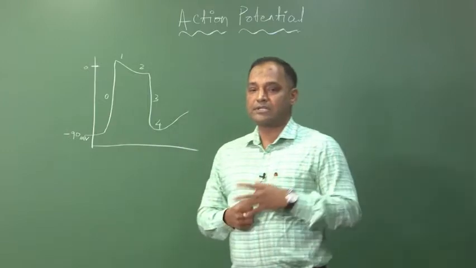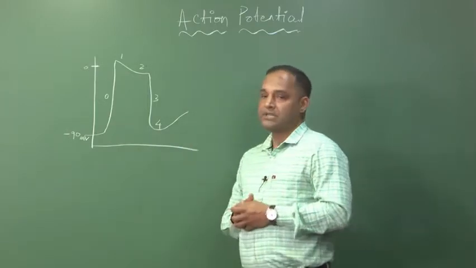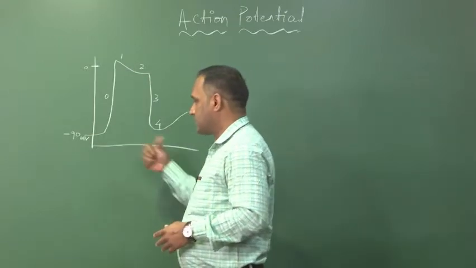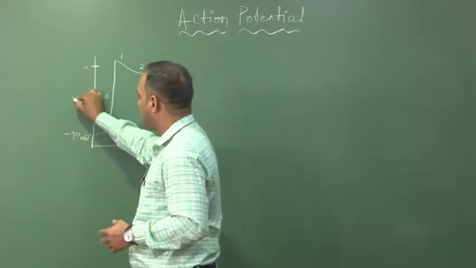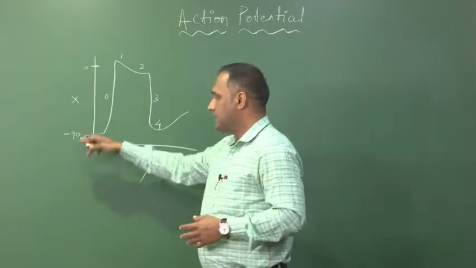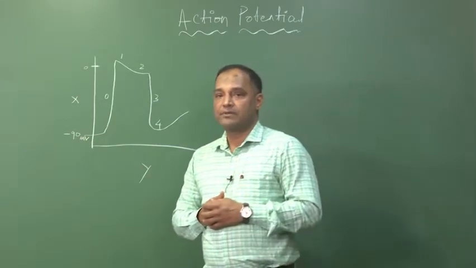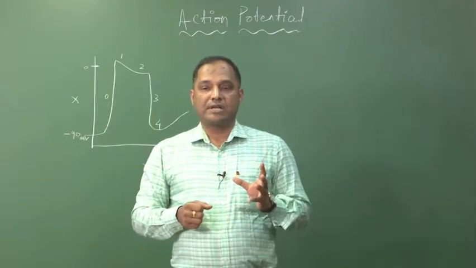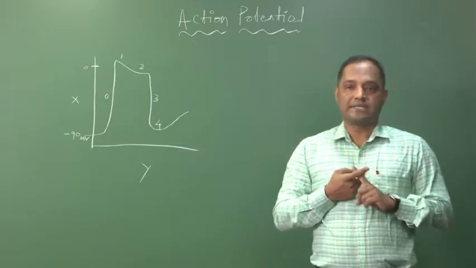Due to the shortage of time, I have represented a graph. That graph represents the x-axis and y-axis, and it represents the minus 90 millivolt. That minus 90 millivolt is the potential or the strength of that cell.